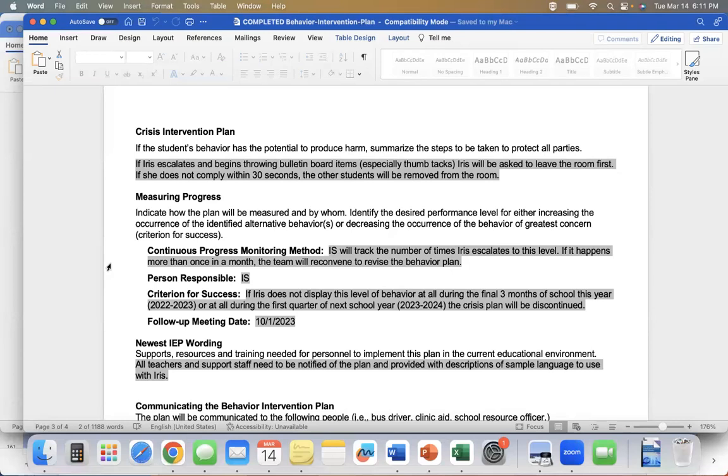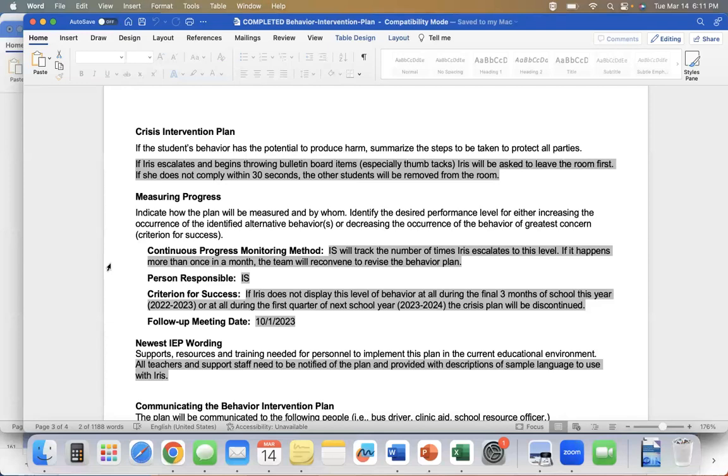If Iris's behavior is only happening maybe 2 or 3 times a quarter, and it's not severe and nobody's really being injured, we could look at this more as just a behavior goal on an IEP. But if she's doing this maybe once or twice a week, and we really need to look at this more carefully, we would have a crisis plan.